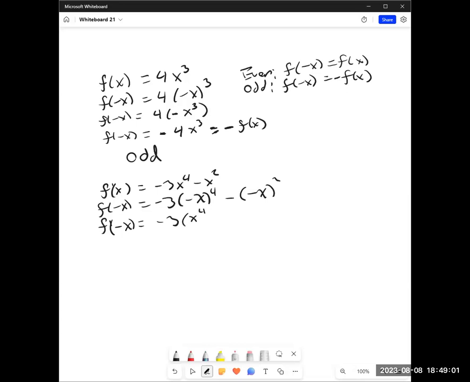So this is just going to be a positive x to the fourth. And a negative times a negative is going to be a positive, so that's going to be a positive x squared. That makes f of negative x equal to a negative 3x to the fourth minus x squared, which is my original, which makes this an even function.